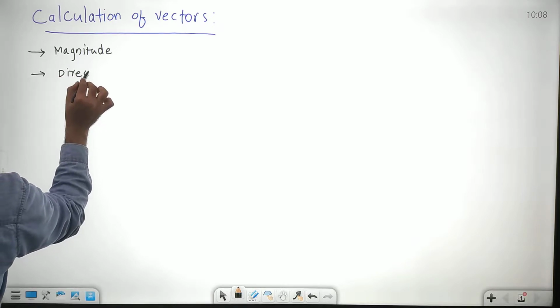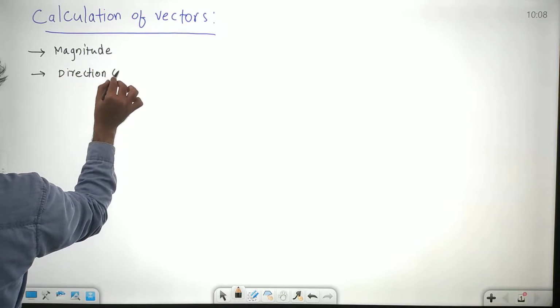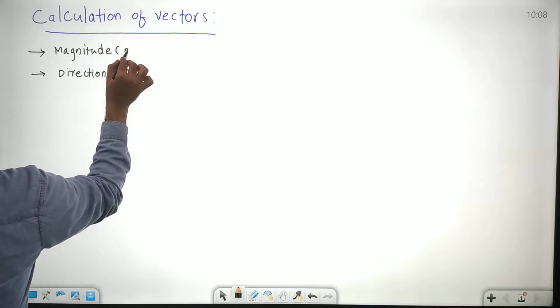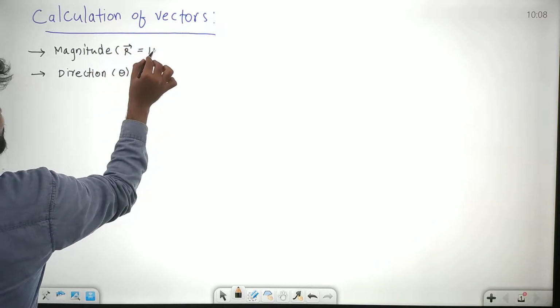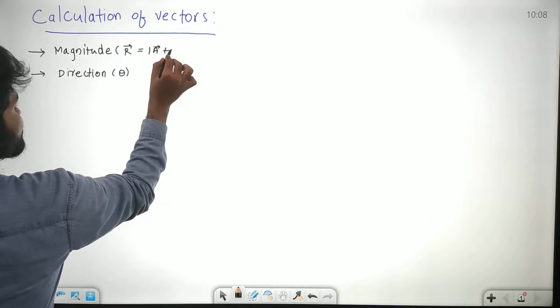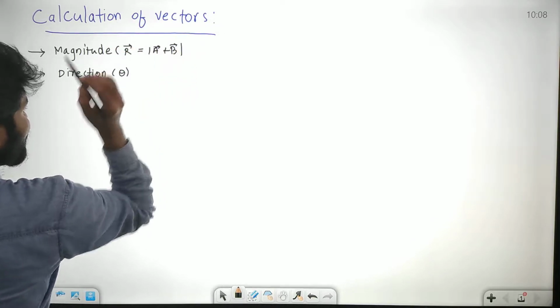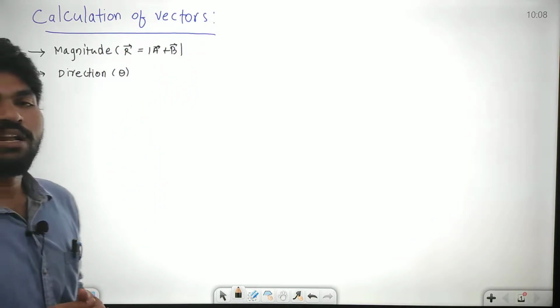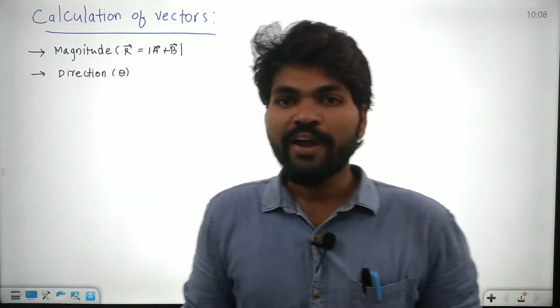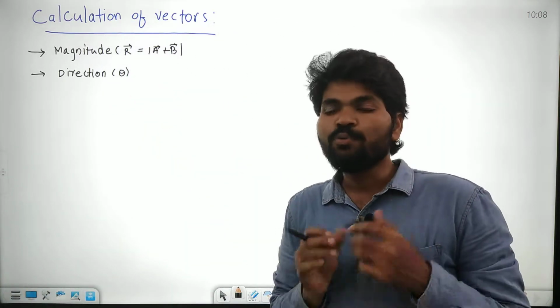That's it. Most of the vector problems ask you to find the magnitude and the direction. Today's discussion also, we are going to find the magnitude and direction in the problems.